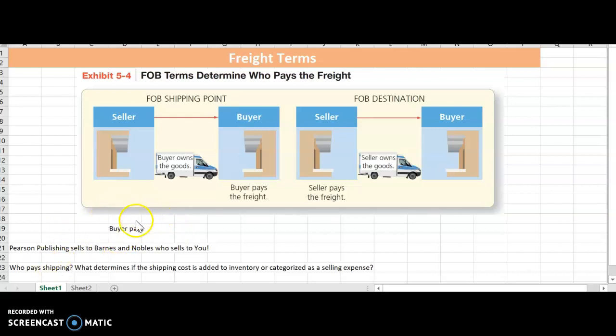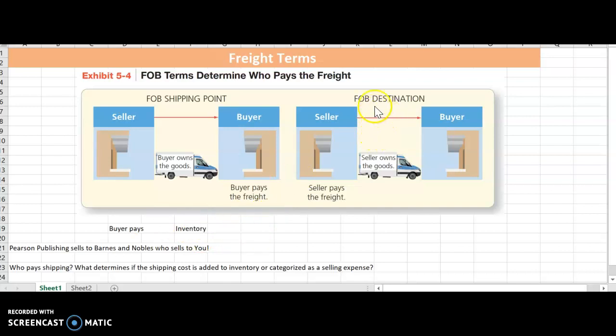If they're buying inventory, that cost of shipping is just another cost of inventory. So since the buyer is paying the cost, they will debit merchandise inventory because it's a part of inventory. So if the buyer pays under FOB shipping point, the buyer would debit merchandise inventory because it is a part of the cost of that inventory.